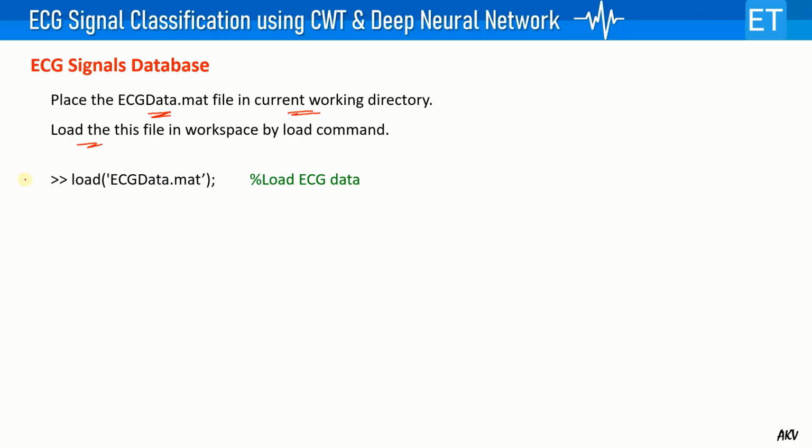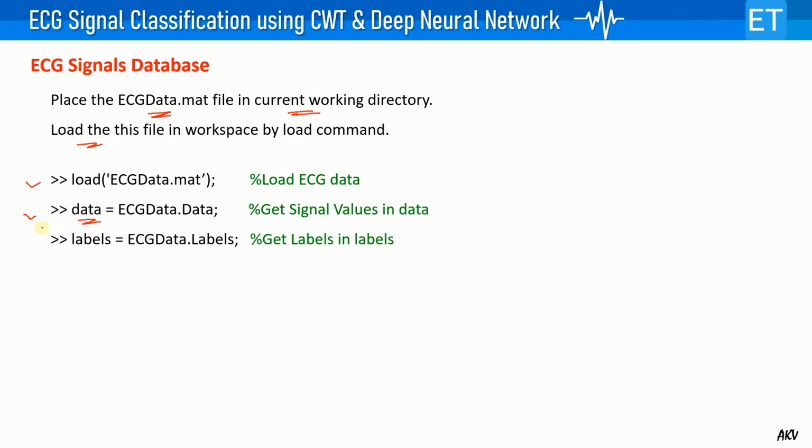If you execute this command, load ECGData.mat, your file will be loaded to the workspace as a structure variable. By executing the command data = ECGData.Data, all your ECG signals will be loaded into the variable data. And if you execute the command ECGData.Labels, all your labels will be stored into the variable labels.